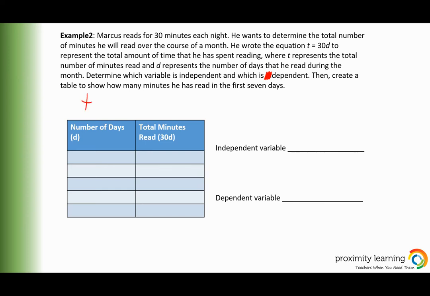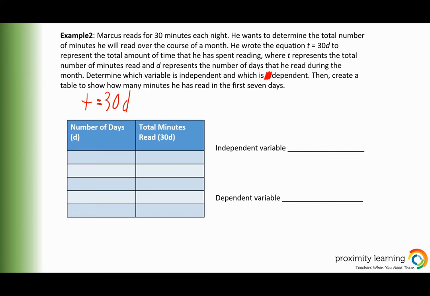He has dictated that total minutes in the month is going to be, so he's reading 30 minutes a day. D is going to be number of days, and T is how much time he read during the month. Now, if you recall at the beginning of this video, I had mentioned time always being an independent variable.